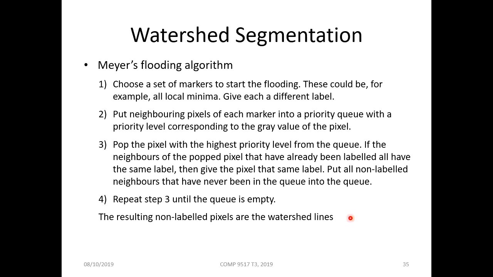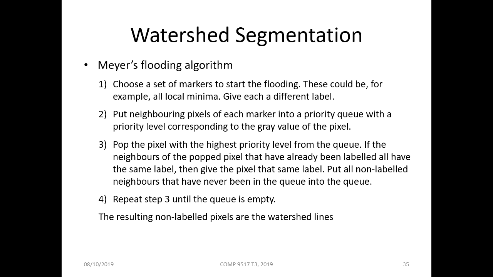And then you pop the pixel with the highest priority from the queue. If the neighbors have already been labeled, you give it the same label. If they all have the same label, so if you consider the next pixel, if its neighbors have already been labeled and have the same label, then that pixel also gets the same label. But if it has neighboring pixels that have been labeled, but they have different labels, then you're not going to label that pixel. So you're going to keep it out.